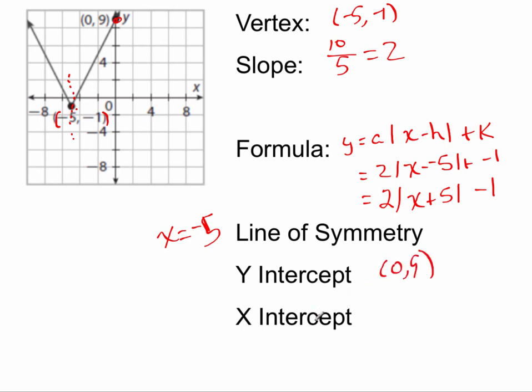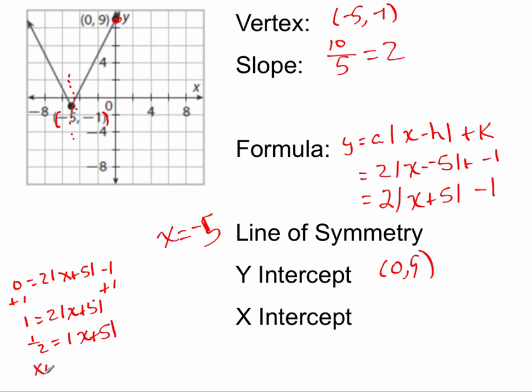To find the x-intercept, you would need to set y equal to 0. That's going to take a little work. So 0 is equal to 2 times the absolute value of x plus 5 minus 1. So I add 1 to both sides. So 1 is 2 times the absolute value of x plus 5. Now I'm going to divide through by 2. So 1/2 is the absolute value of x plus 5. Now remember, I have to do this twice.